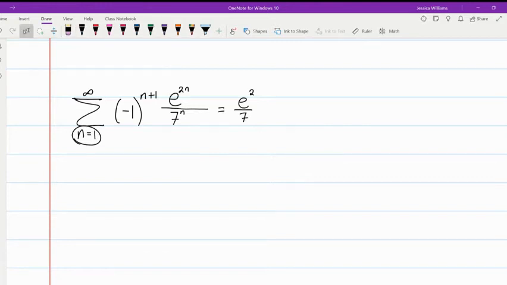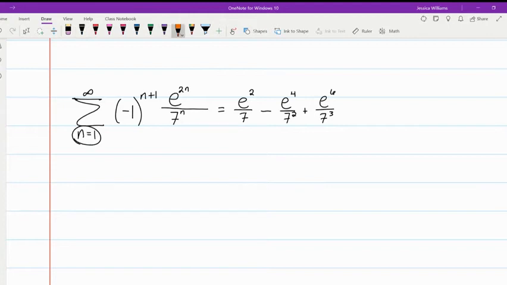My next term, when I plug in n is 2, I get n plus 1 makes 3, so negative 1 cubed is negative. And then this is e to the 4th over 7 squared. Let me do one more. I'm going to go back to positive because I'm plugging in 3. This will be e to the 6th and 7 to the 3rd.